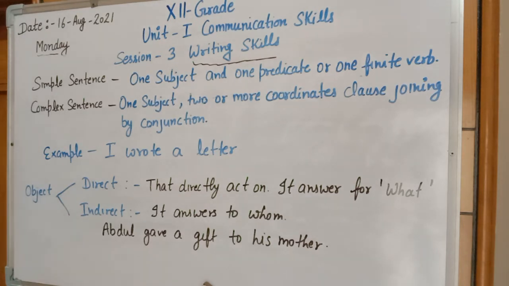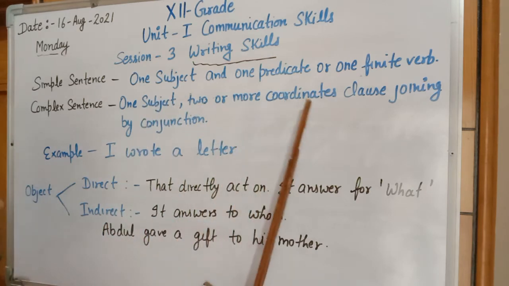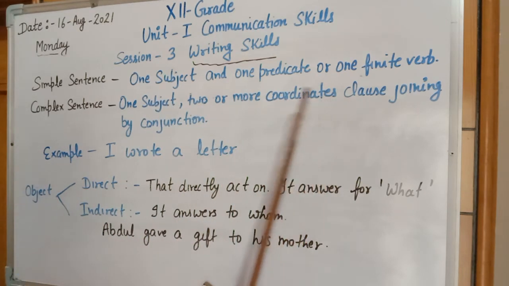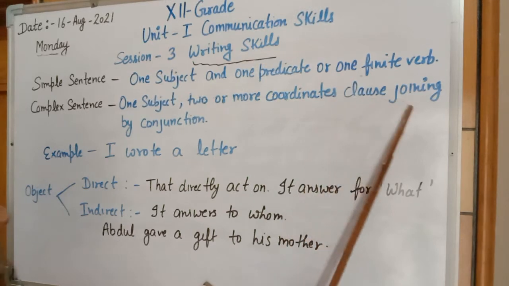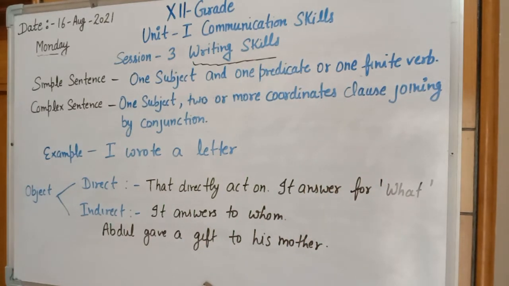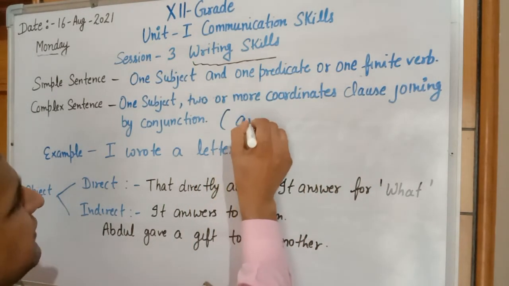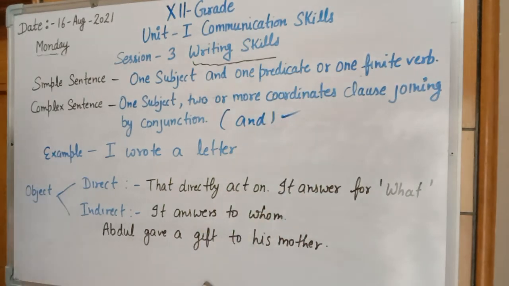While a complex sentence contains one subject and two or more coordinate clauses, joined by a conjunction, and the conjunction can be like 'and'. 'And' can be used for joining two or more clauses.